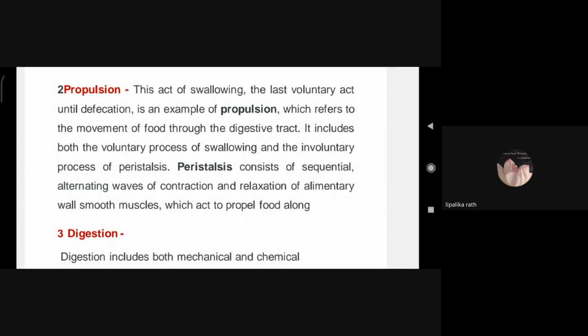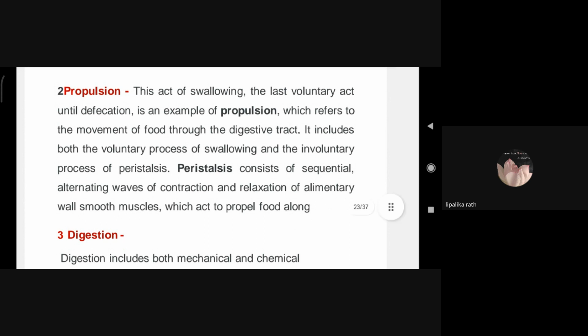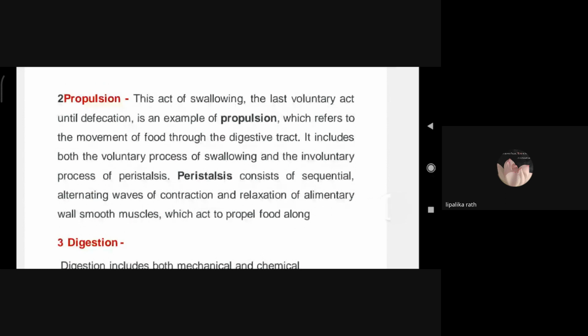After the food leaves the pharyngeal muscles, we have control only till the pharyngeal muscles. After that, peristalsis starts and we don't have any control over it. But propulsion includes both swallowing and peristalsis.